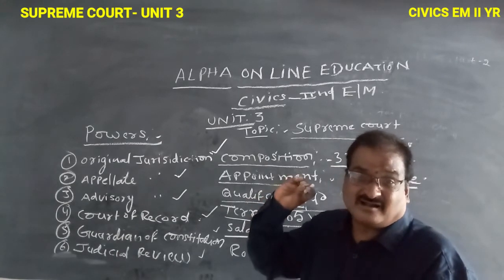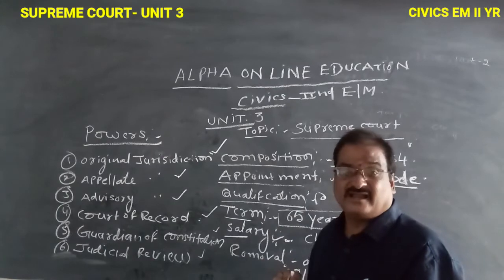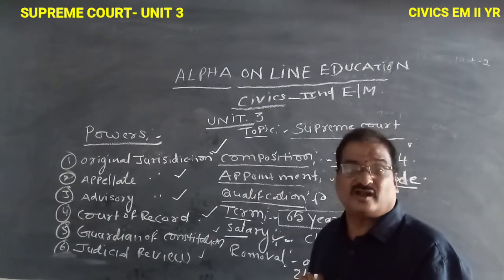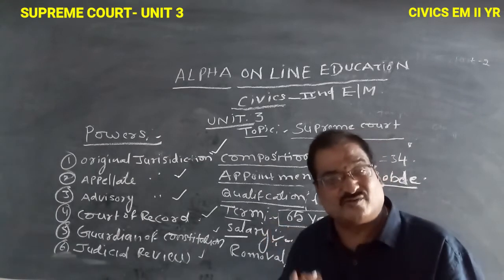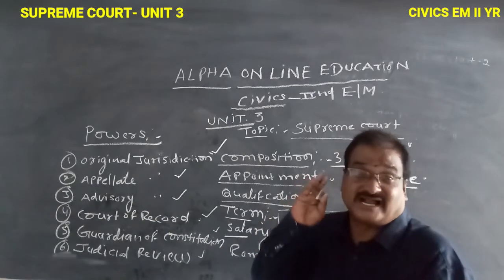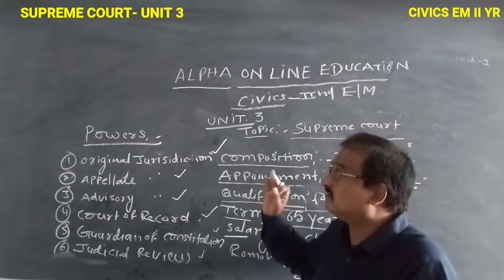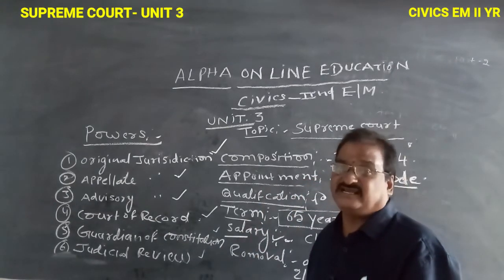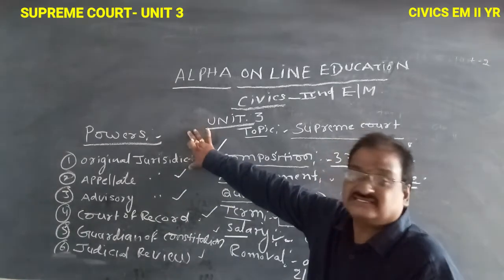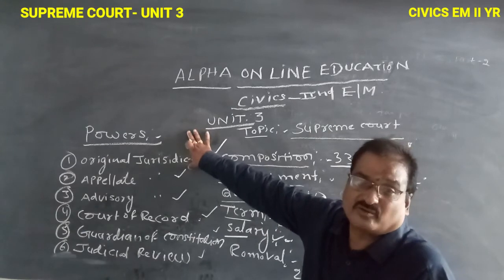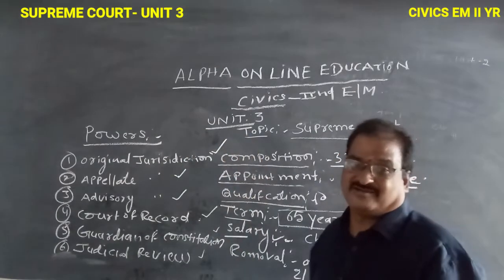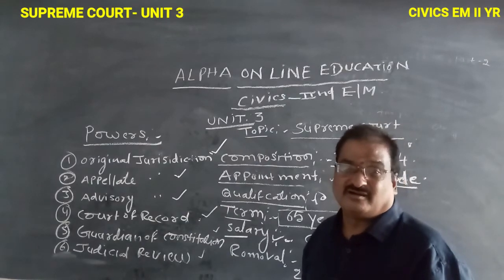If the sessions court gives a judgment and you are not satisfied, if you are not satisfied with the municipal level court judgment, the sessions court judgment, or the high court judgment, in any civil case or criminal case, if you are not satisfied with the judgment of lower courts, at that time you go to the Supreme Court.